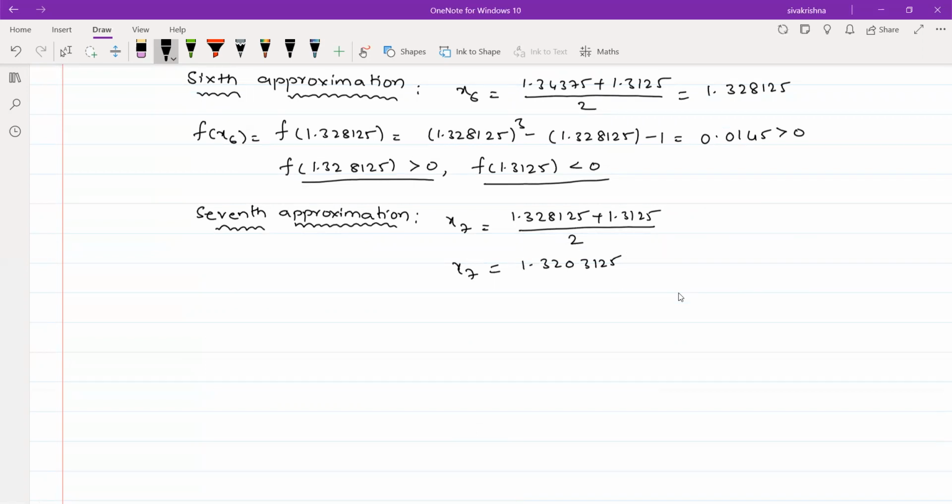Therefore, the root of the given equation is 1.3203125. Thank you.